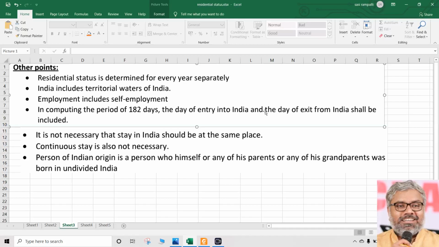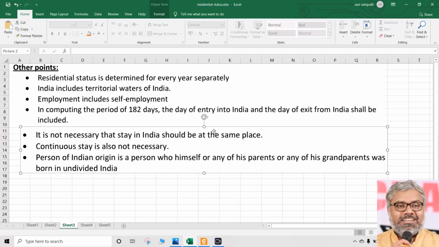So whichever the day the assessee has entered into India and whichever the day the assessee has exited from India, both days shall be included as part of period of stay. That is a very important point for calculations. Here if 1 day difference is there also in calculations, naturally the answer could go wrong. So be very careful in applying that point.